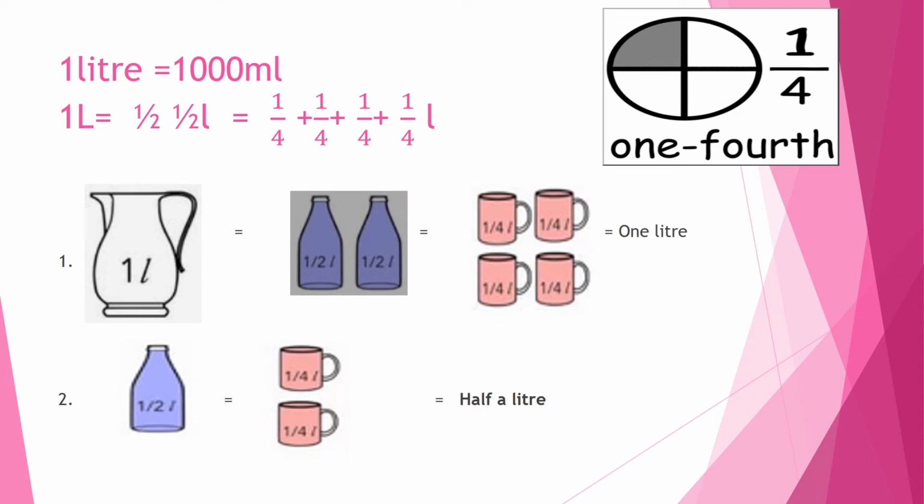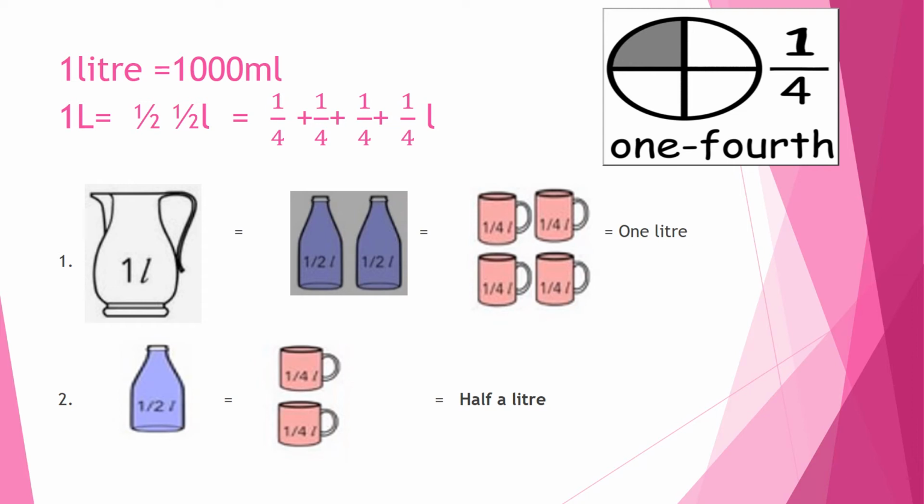Or like I told us already, another way is to add half a liter of water plus another half a liter of water. It will give you 1 liter. Or you add 1/4 plus 1/4 plus 1/4 plus another 1/4, which will give you 1 liter.